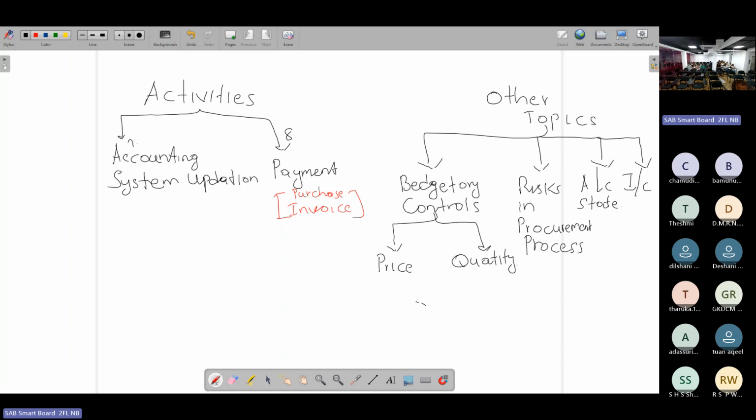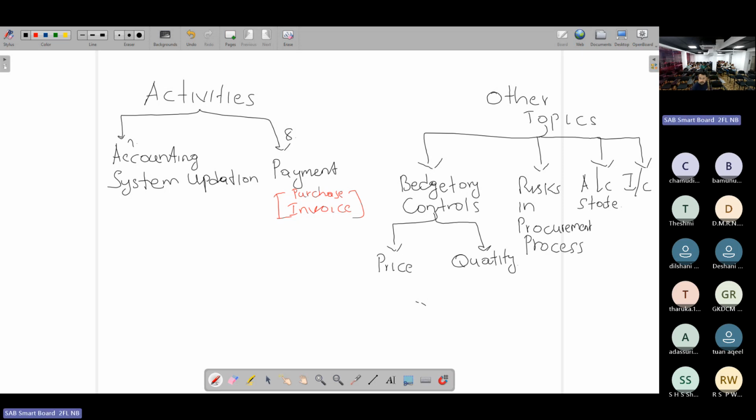Now bank reconciliation is a part of the recording process. We have recorded in the cash book. Now we have to check whether whatever we have recorded in the cash book is physically available. Physically available means we are going to compare with the bank statement. So the purpose of bank reconciliation is comparing the cash book and bank statement balance.